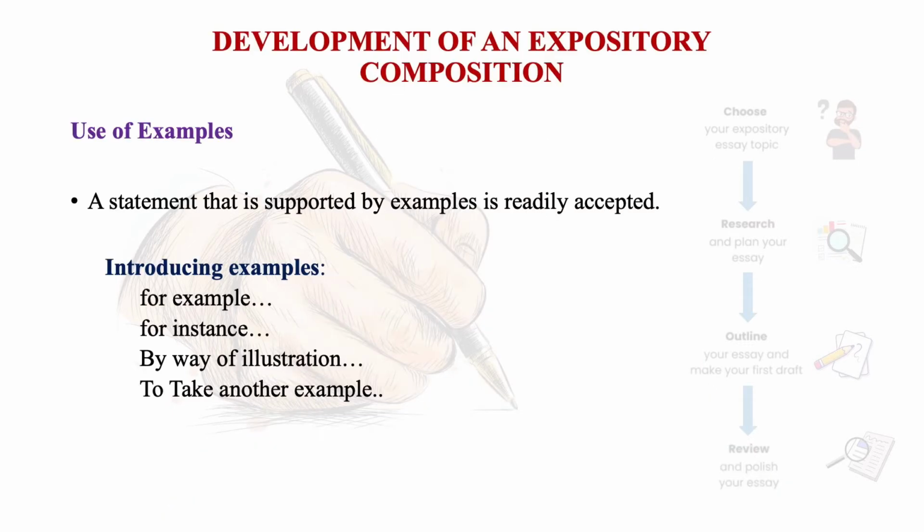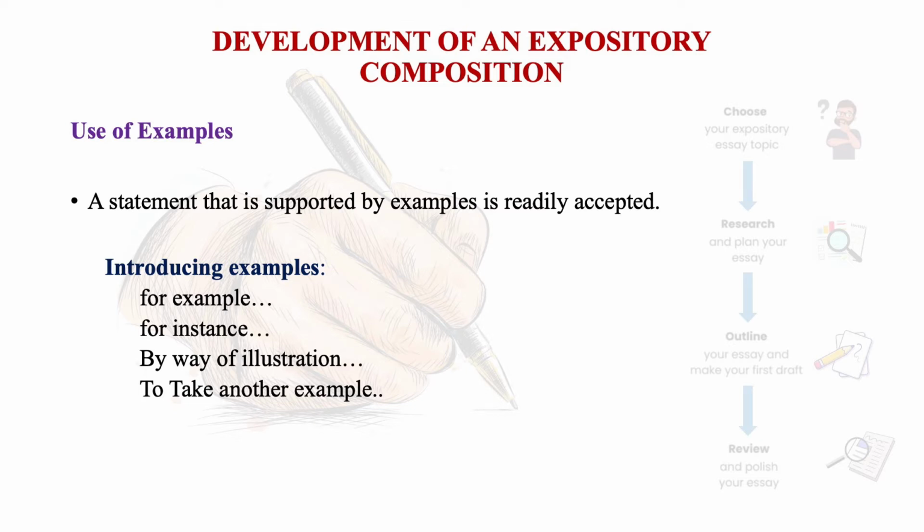As I told you earlier, there are certain transitional or linking devices used in writing composition. For introducing examples, you have expressions such as for example, or for instance, or by way of illustration.